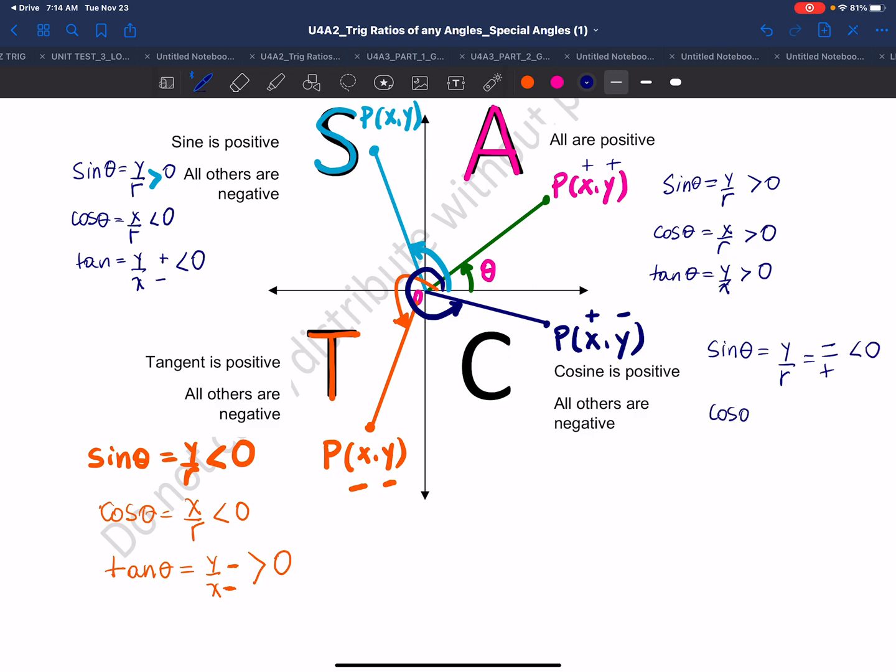Cos theta will be x over r, so x is positive in quadrant 4, r is always positive, so cos is positive. And tan theta, which is y over x, will be a negative divided by a positive, which will make tan negative. So in this case, the only ratio that stays positive is the cosine ratio.